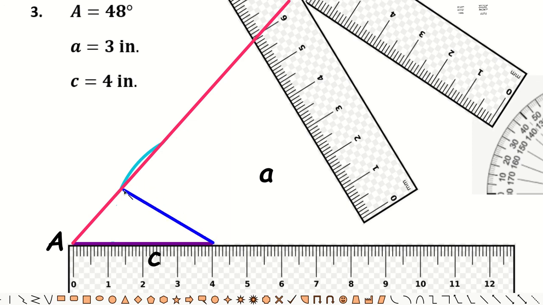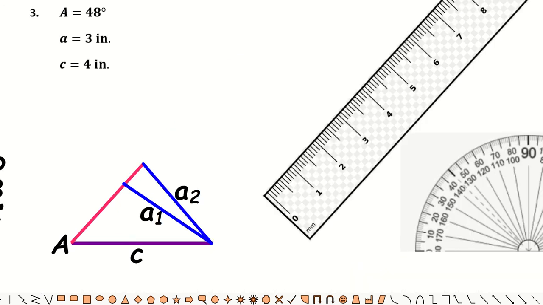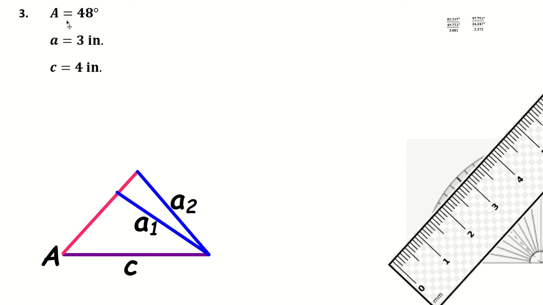So look, maybe your 3-inch side A got to here, but I wonder if anyone noticed that you could have also connected 3 inches right there. So the 3-inch line for side A could have touched over there in 2 different spots. What that means is you actually could have drawn 2 different triangles based on these original 3 measurements.